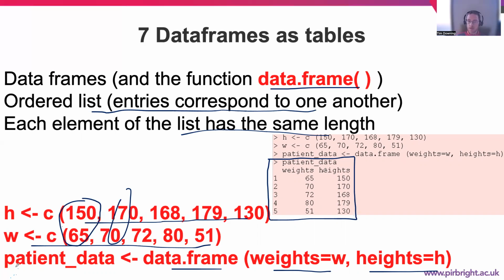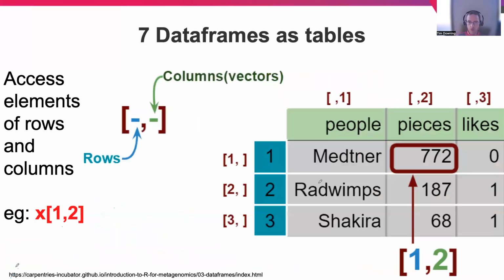So we can access individual heights and weights within there and say, maybe, what is the weight of patient 2. We can do that using the row column setup we had before. Comma 1 corresponds to column 1, comma 2 is column 2, comma 3 is column 3, and so on through all the different columns that you have.